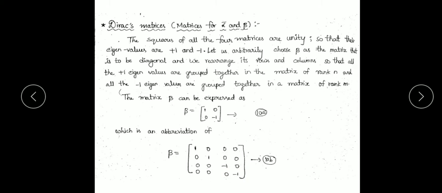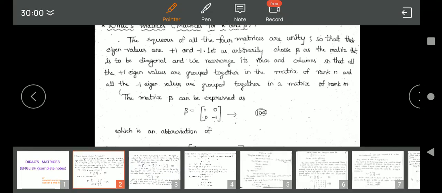So the beta matrix would be of this form, because its eigenvalues are 1 as well as -1. If we do beta minus lambda I and substitute in that formula, we would have 1 minus lambda, 1 minus lambda, minus 1 minus lambda, minus 1 minus lambda. So lambda is nothing but 1 and -1.